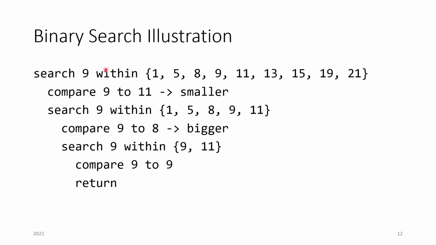So our example here is, if x here was 9, and we need to find 9 in this array of values that's already sorted from least to most. The midpoint for our array is 11. So we compare x being 9 to 11, and it's going to be smaller. So at this point, we shrink it down so that we're only focusing on this left-hand side of the array.